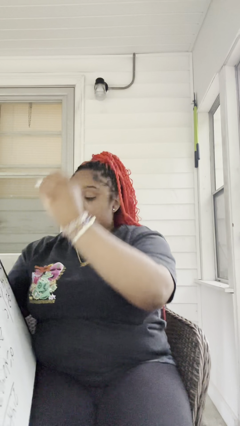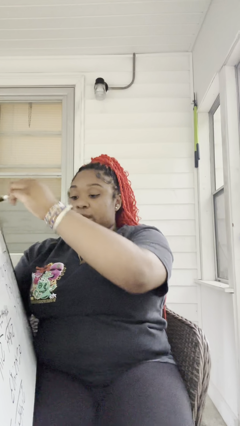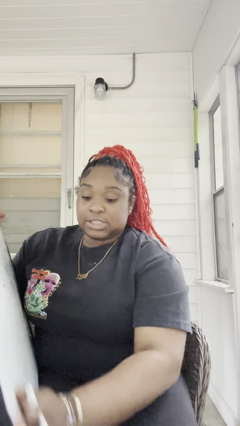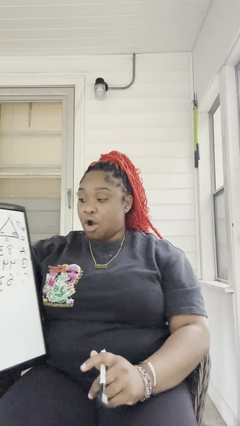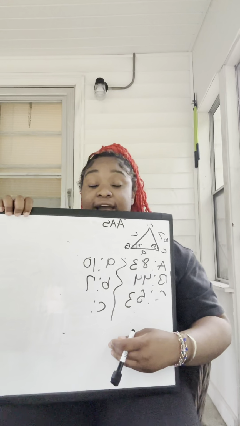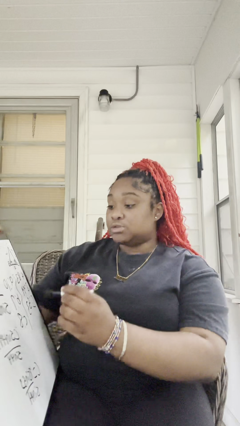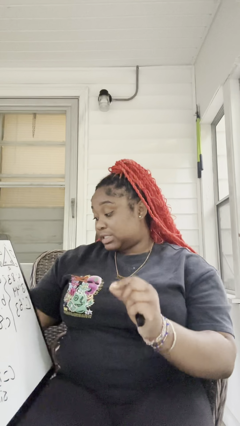Now, since we know A is 10, we are going to go ahead and try to find side C. You're going to do the same exact thing you did over here with A. You will do the same thing that you did to find side A to find side C. So, we're going to do C over sine 53 because 53 was our angle.